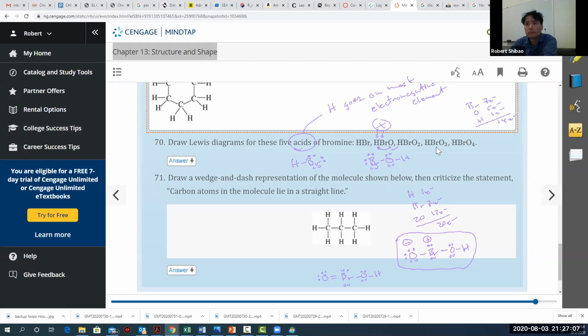And so what we'll do is we'll throw bromine in the center, and then we'll put 3 oxygens around it, like this. And then one of the oxygens will have the H bonded to it.